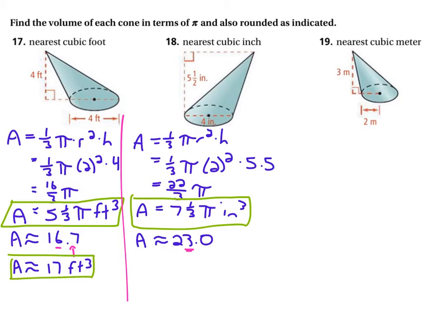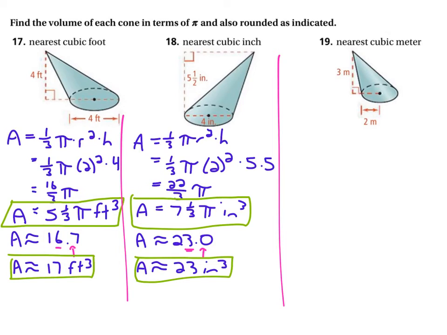And if I'm rounding to here, I look here, is that 5 or higher? No, it's not. It's a 0. So it just stays at 3. So the volume is approximately equal to 23 inches cubed. Those two answers are our answers.